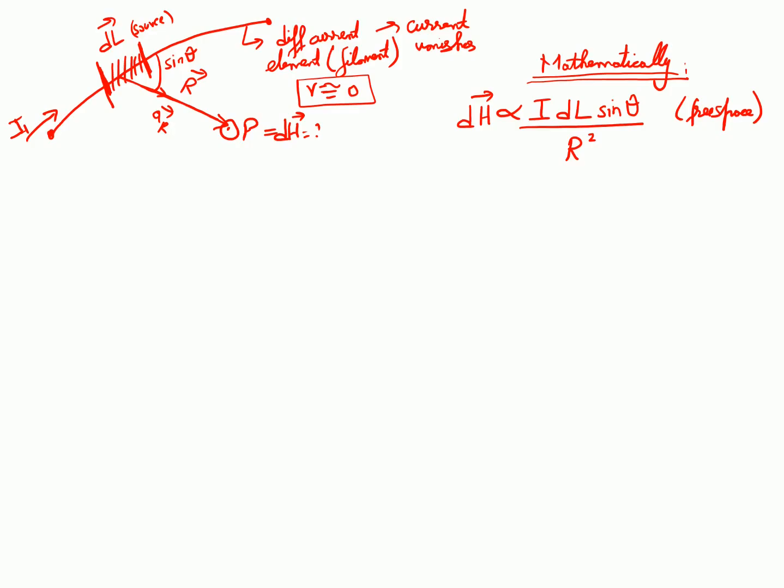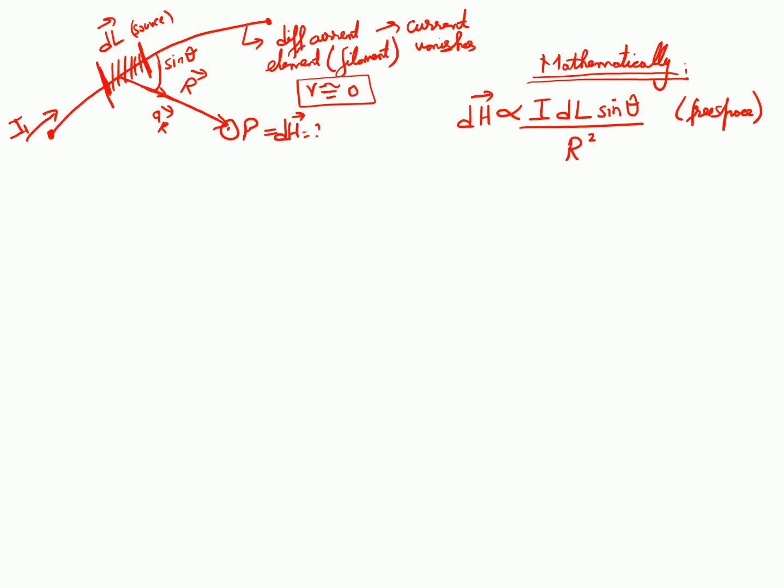We can further simplify this equation by focusing on dL sine theta. I know that the imaginary line and the filament are making a 90-degree angle, or they are 90 degrees apart. So if we have two vectors that are 90 degrees apart, we can represent it by the cross product.